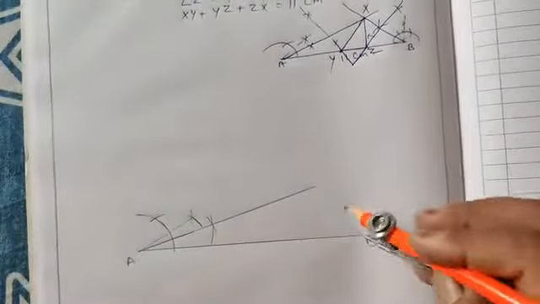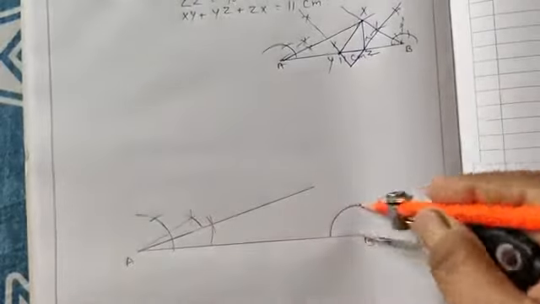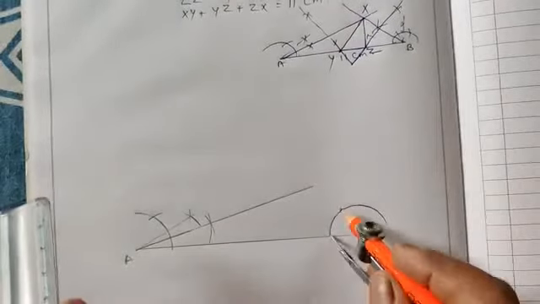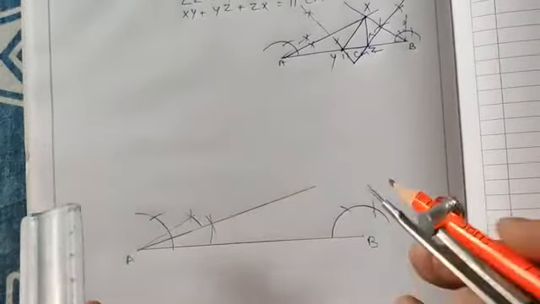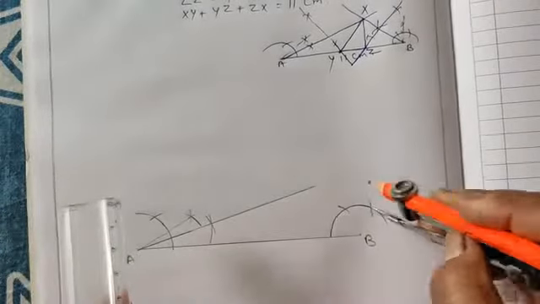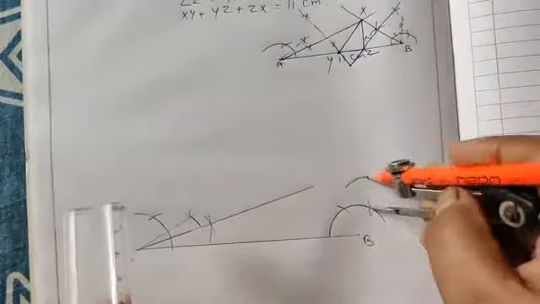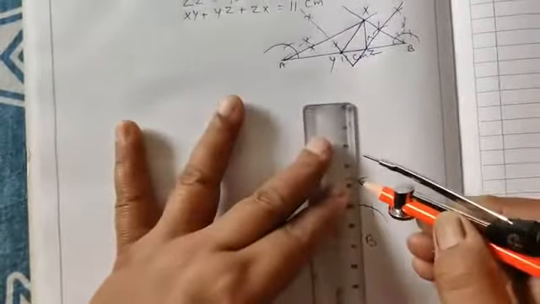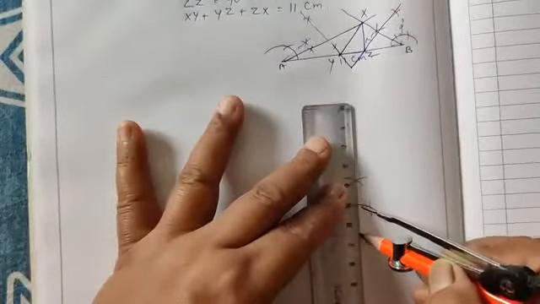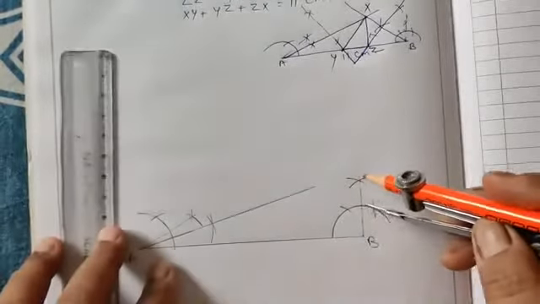Now at angle B 90 degree. Half of angle B is 45.